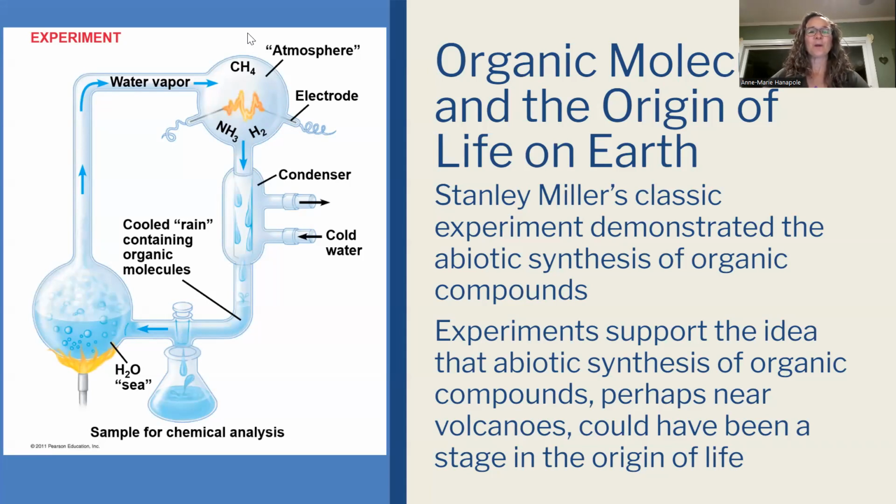What the Urey-Miller experiment was trying to do was simulate how life on Earth possibly could have come about in those early conditions. They were looking at those molecules that were in the atmosphere and in the oceans and on the planet, and they were simulating the conditions. So back then it was very hot.